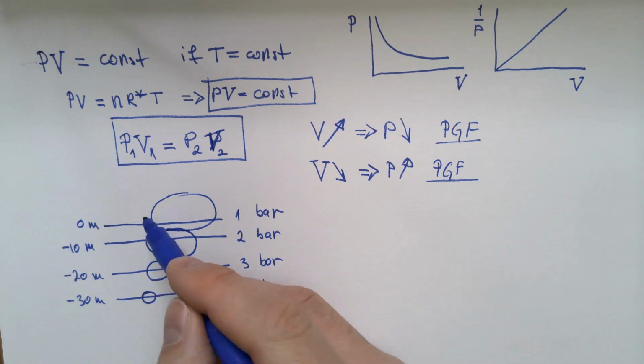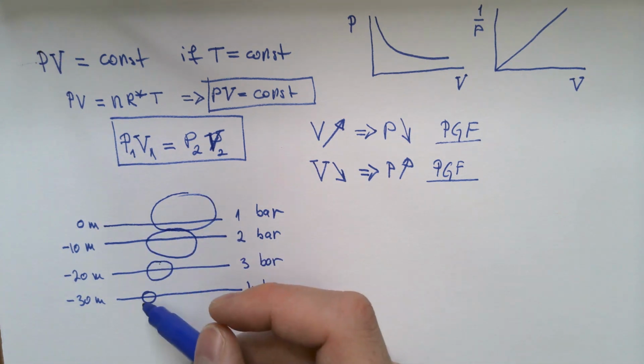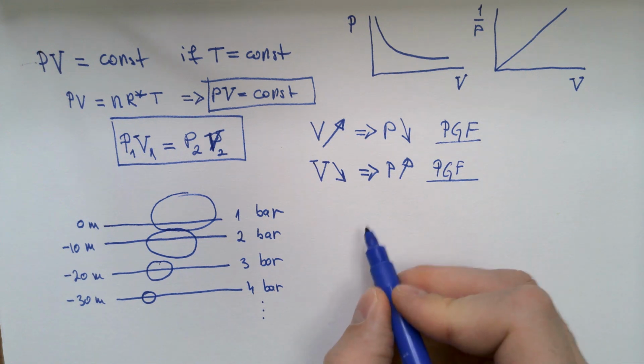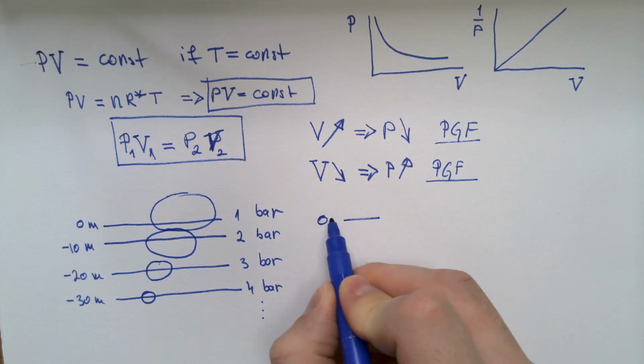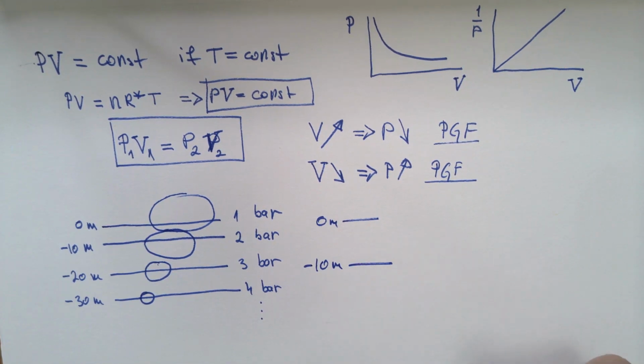Of course, you wouldn't get all the way to the surface, you would die already from negative 30 to negative 20 probably meters. You might ask, why would you die? Well, let's look at it. Let's just look at the difference between 0 meters and negative 10 meters, just 10 meter depth.